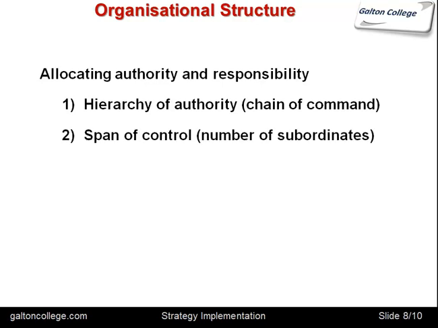There's also something we need to take account of, which is this idea of the span of control. That means how many subordinates, how many workers, each manager is responsible for. That's his or her span of control. Some managers may have very few working under them.